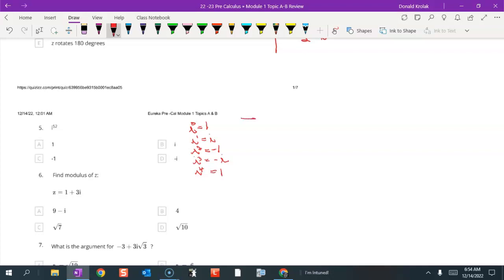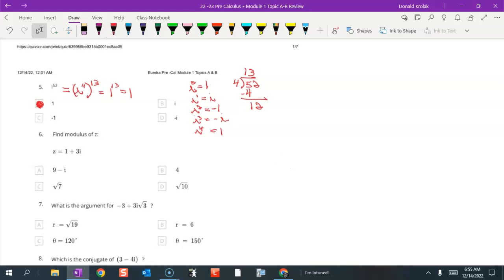If I take 52 and divide it by 4, it goes in 13 times. So this i to the 52nd is really i to the fourth to the 13th power. i to the fourth is 1, and 1 to the 13th is 1.